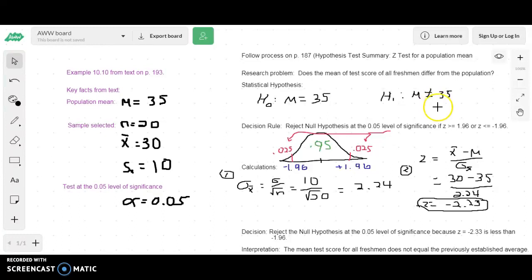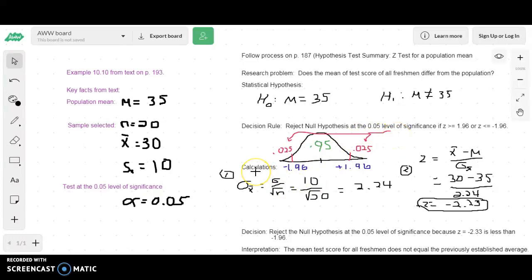So we have to split that 0.05 into 2 tails, what later on we'll call a two-tailed test. In the normal curve, the location such that 95% is centered about the mean, with 0.025 above and 0.025 below, is a z-score of either positive 1.96 or negative 1.96. That again is established by this level of significance.